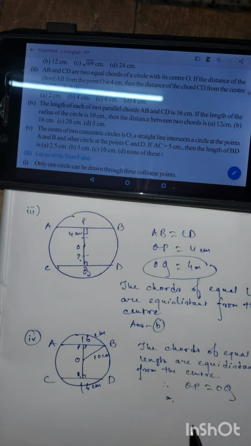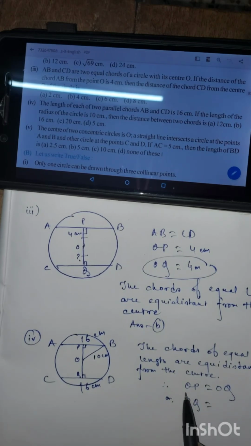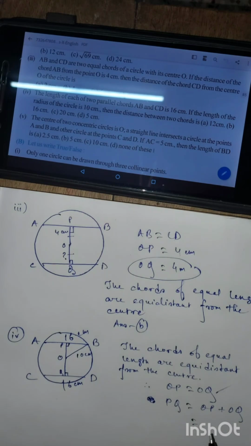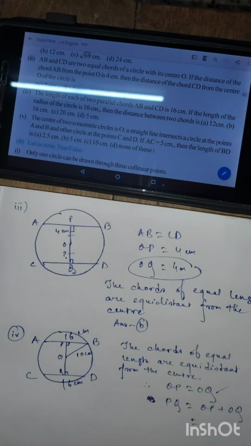Now PQ can be written as OP plus OQ. As both are equal, we can say OP plus OP.